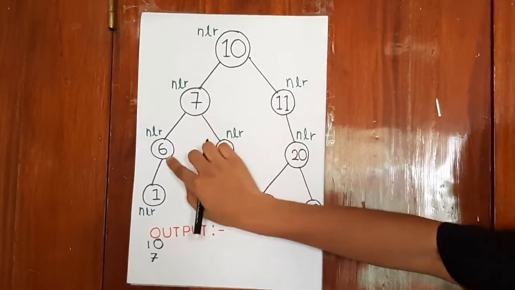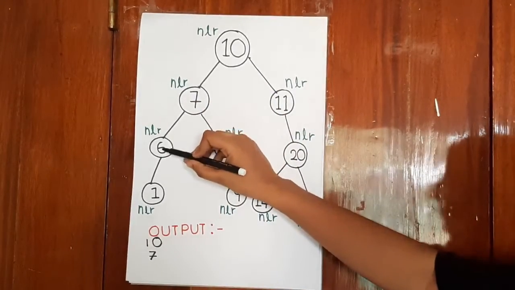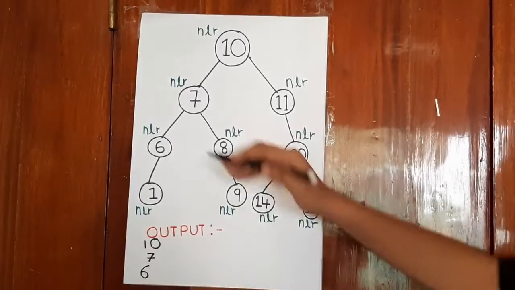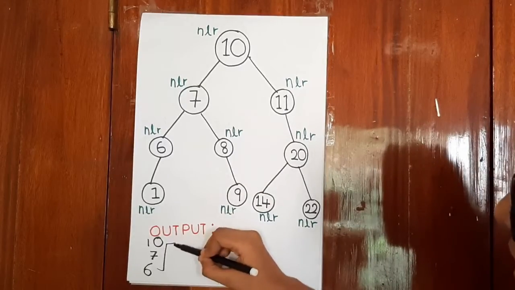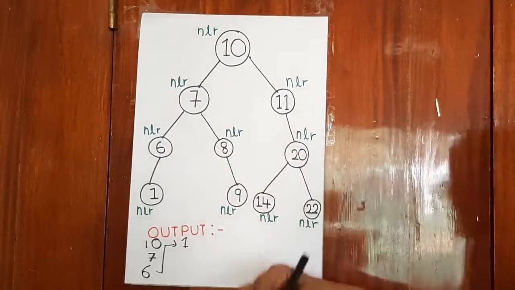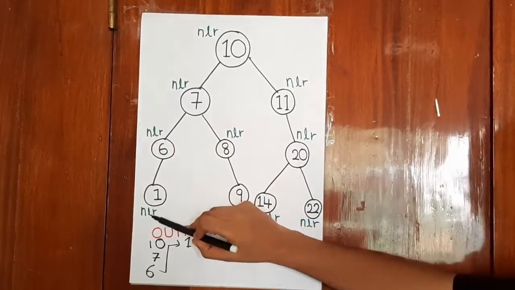Again I have to focus on the left side. The node value is 6, so I print 6. After that, the left side, the value is 1. Then the node, and then the left side.